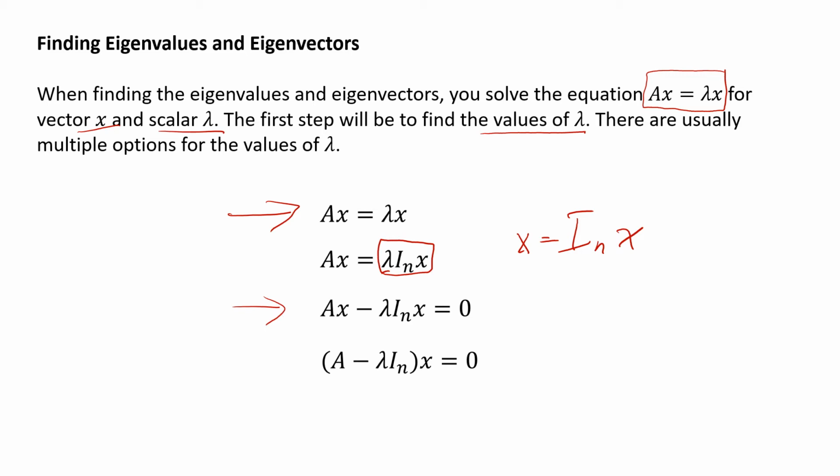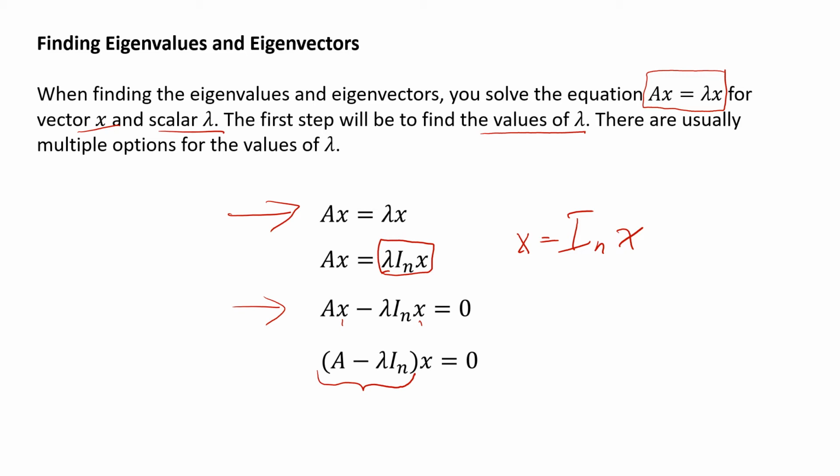And you get this, Ax minus lambda I times x is equal to 0. Well, note that you have an x in both terms, so using the properties of matrix vector multiplication, you can gather up those terms, and then you get this. A minus lambda I times x equals 0.